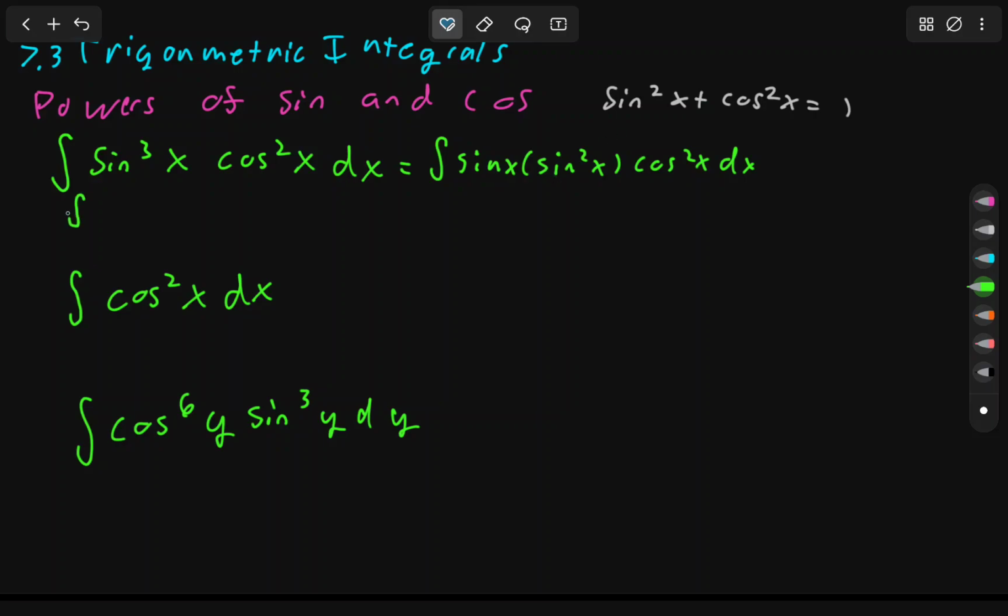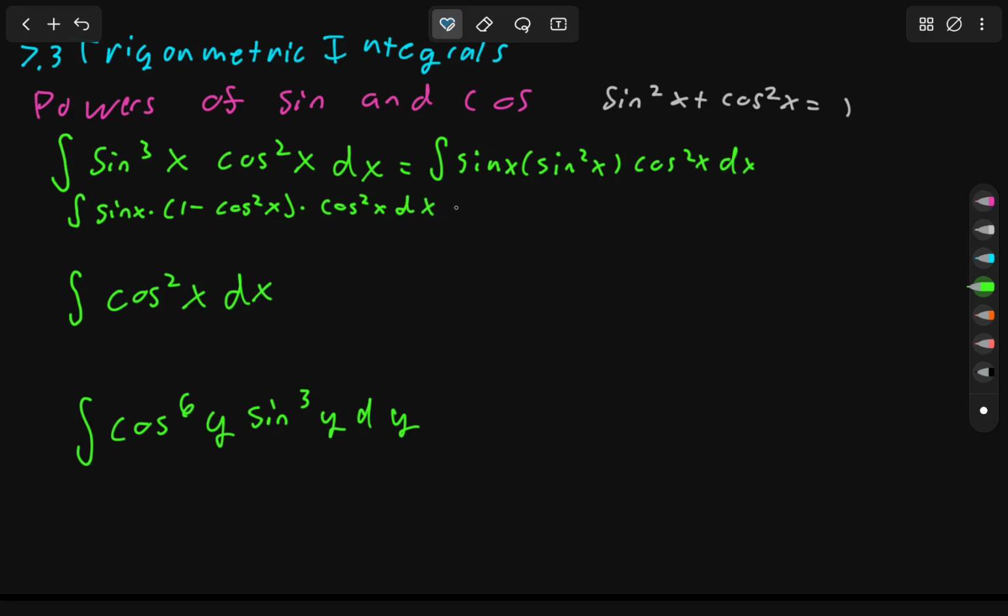So this now becomes the integral of sine of x times 1 minus cosine squared of x times cosine squared of x. And now we can easily use substitution because the derivative of cosine is just sine.